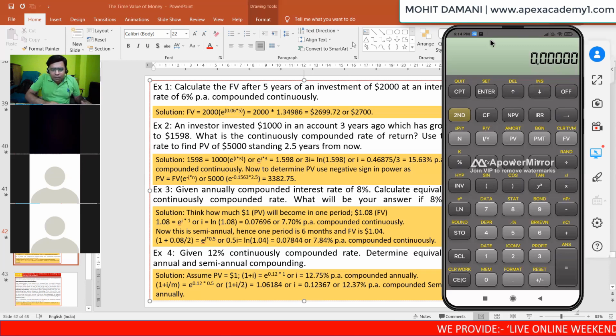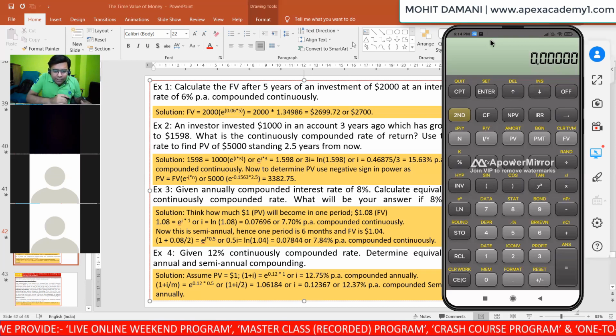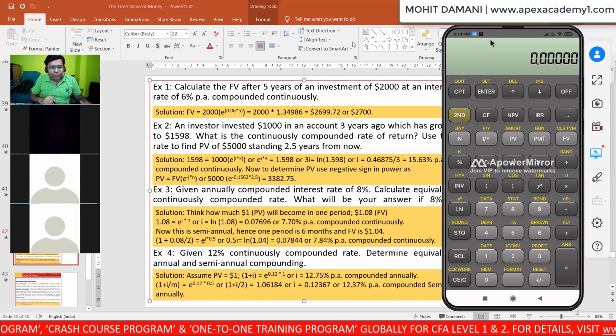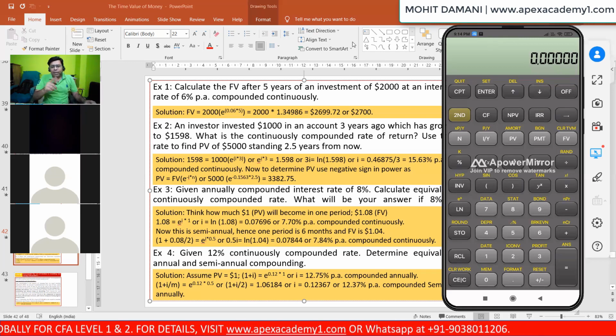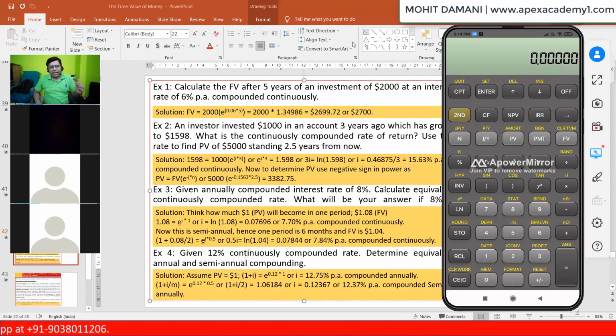Why does my calculator show an error when I enter e power x or second ln? You should have a number with that, right? There is a range within which logarithm can be done. If you type 0.30 on your calculator screen and then press second ln, it will not create an error.